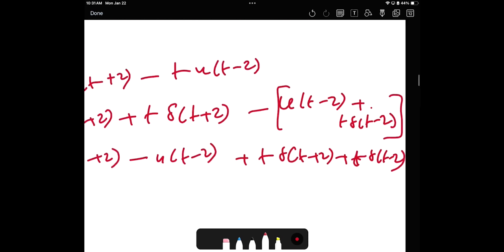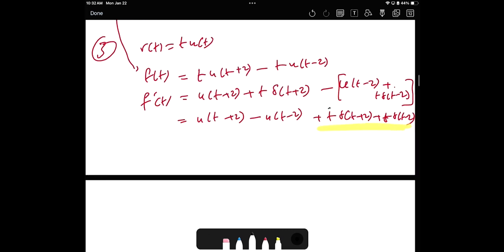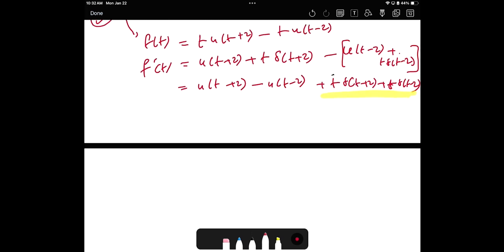Which is how to deal with this expression. Let me rewrite it here. Now I need to focus on t delta t plus 2, and here this is minus sign of subtraction, minus t delta t minus 2.